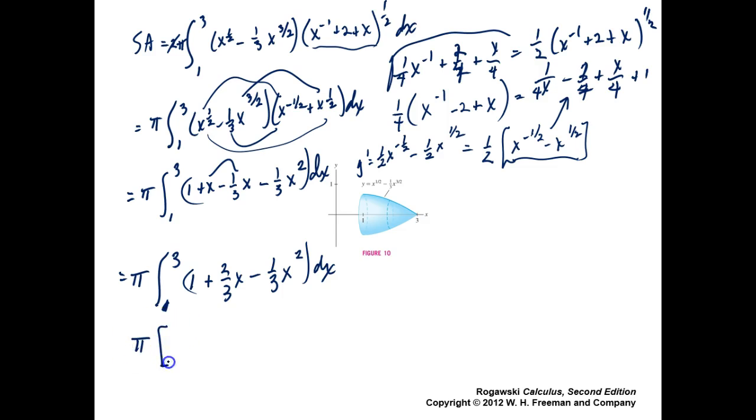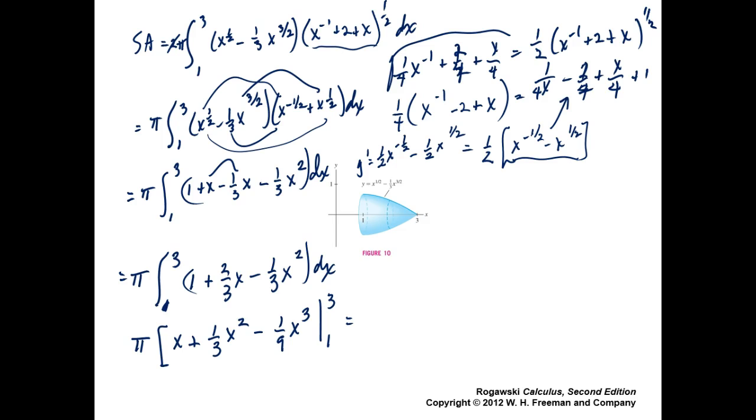Pi times antiderivative of 1 is x plus 1/3 x squared minus 1/9 x cubed. Evaluate that from 1 to 3.